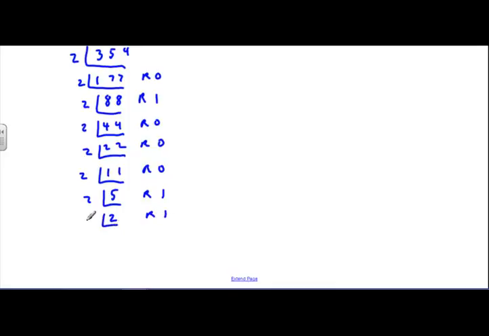I'm going to divide by 2 again, I'm going to get a 1, remainder 0. And then I'm going to divide by 2 again, I'm going to get a 0, remainder 1. And then I'm going to write down my answer, reading the remainders from the bottom up: 1, 0, 1, 1, 0, 0, 1, 0.